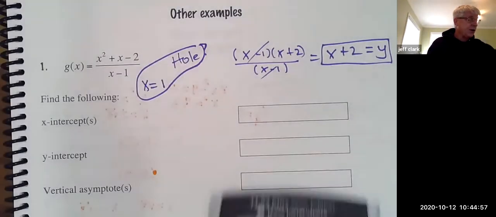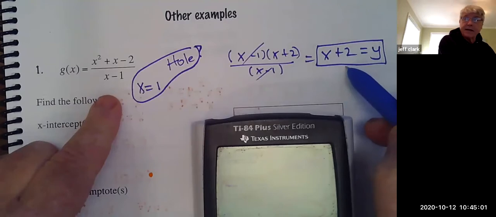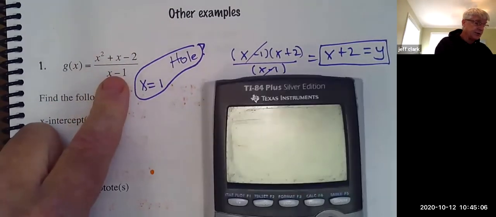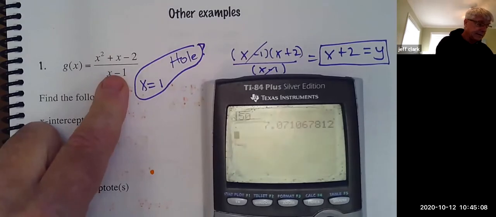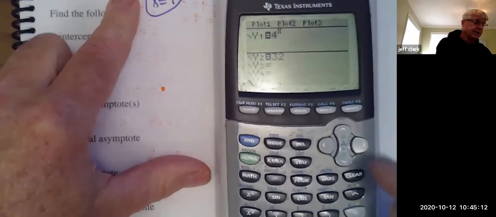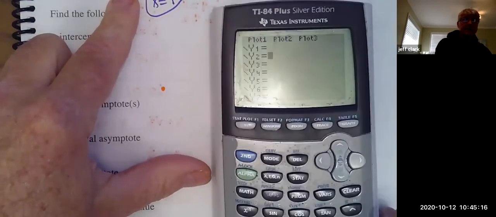Maybe I can even show you that what looked like y equals mx plus b at the end is a line. This picture should be a line.